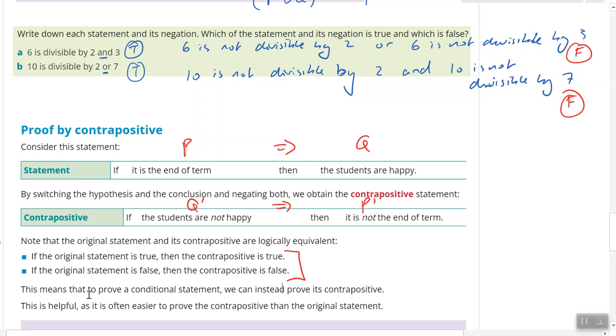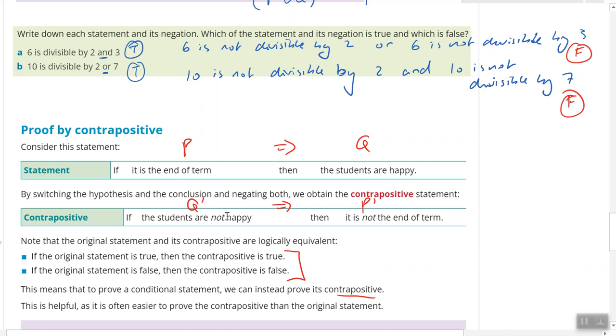So this means that to prove the conditional statement, we can prove its contrapositive. Now, why would we want to do the contrapositive instead of the direct proof? Remember this was part of exercise 6a. That's a direct proof. Why would we want to do this instead of this? Well, the reason is if we prove this, then this is true.